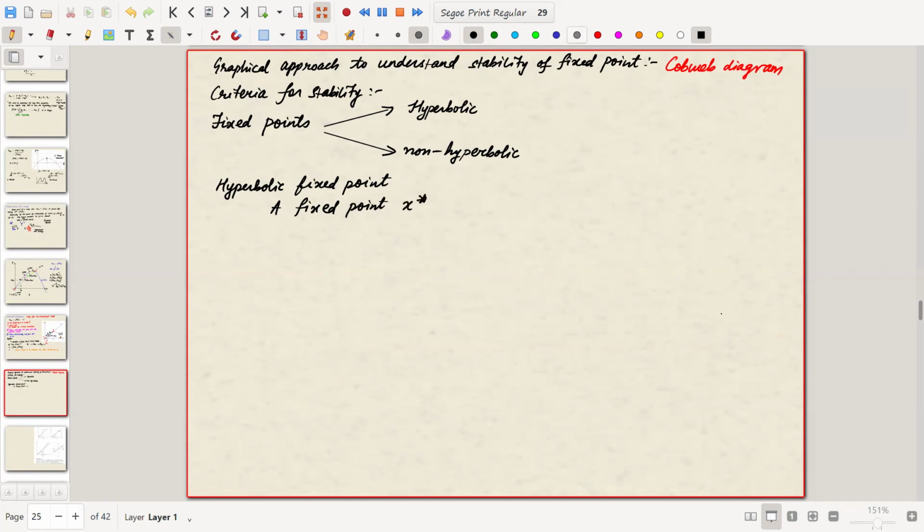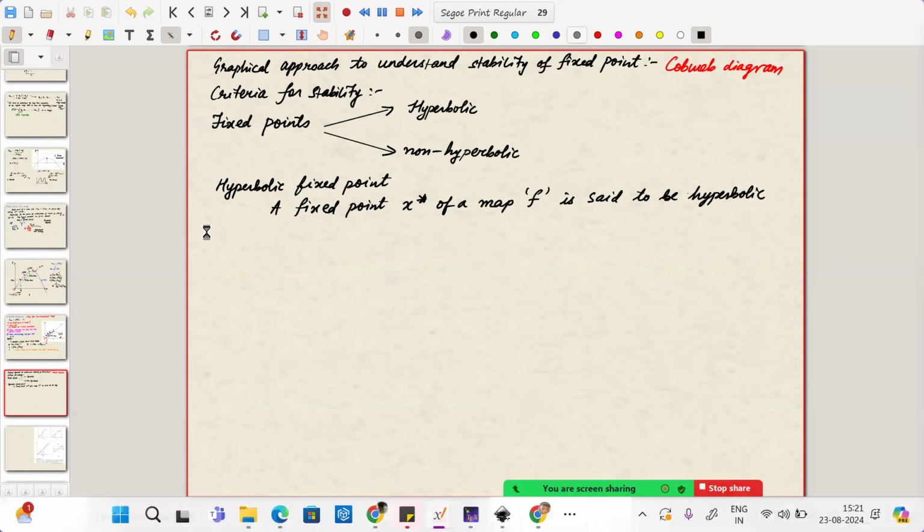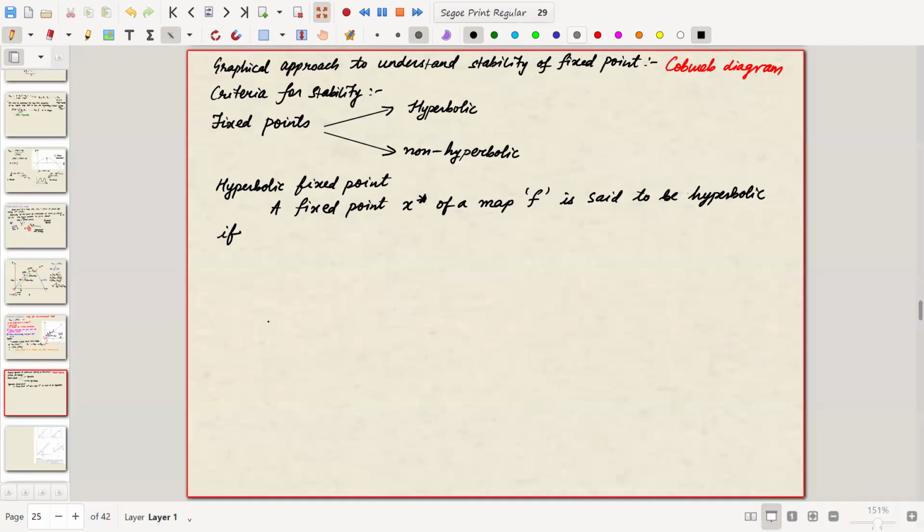A fixed point x star of a map, say f, is said to be hyperbolic if the modulus of the derivative of f at the fixed point is not equal to 1.